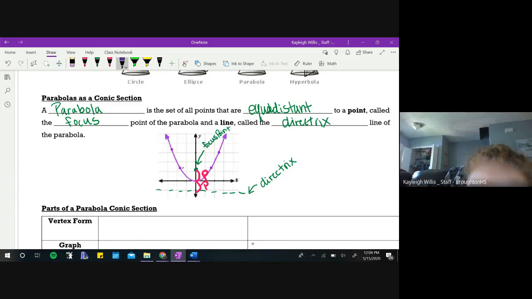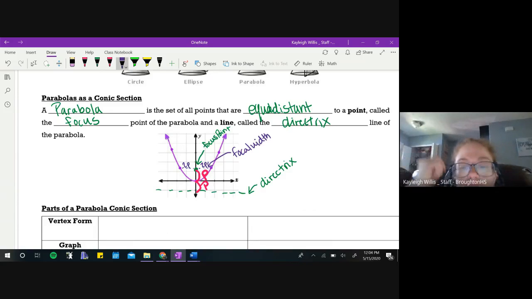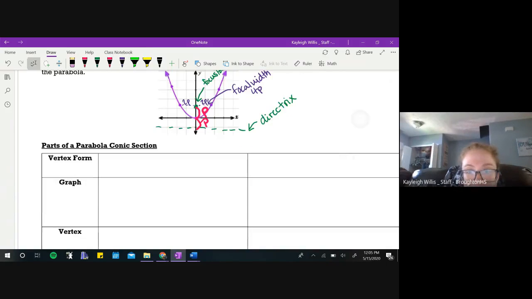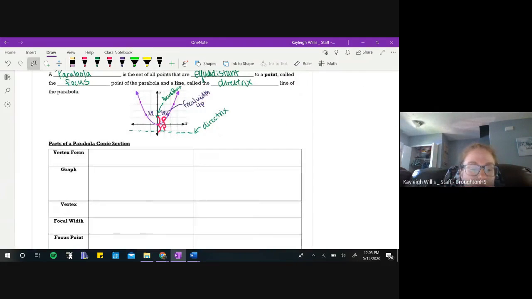Here, this dashed purple line is the focal width, and it's 2p on each side. So if it were together, it would actually be 4p for the focal width. Okay? That's kind of it for the definitions before I jump into this.